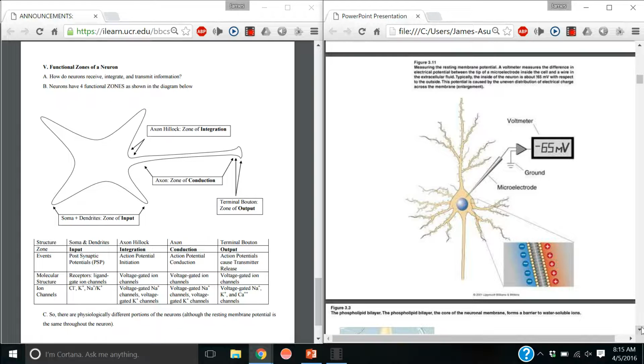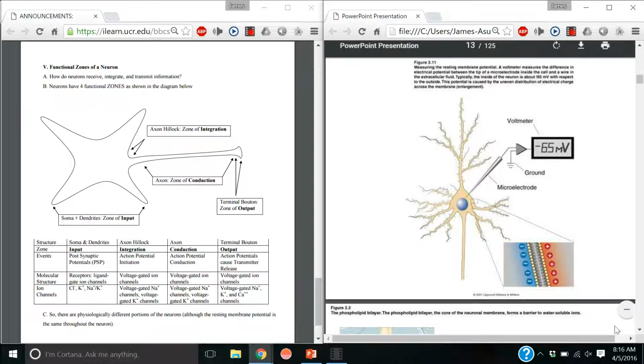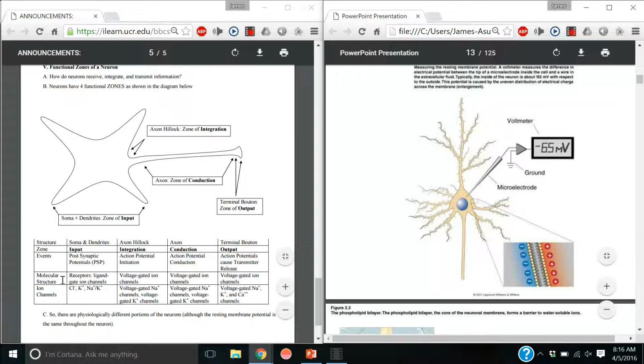Okay? And the point here is that even though all of those parts of the neuron have a cellular membrane, embedded within the cellular membrane of those different zones, there are different mechanisms, different molecules. So go down here to the molecular structure.